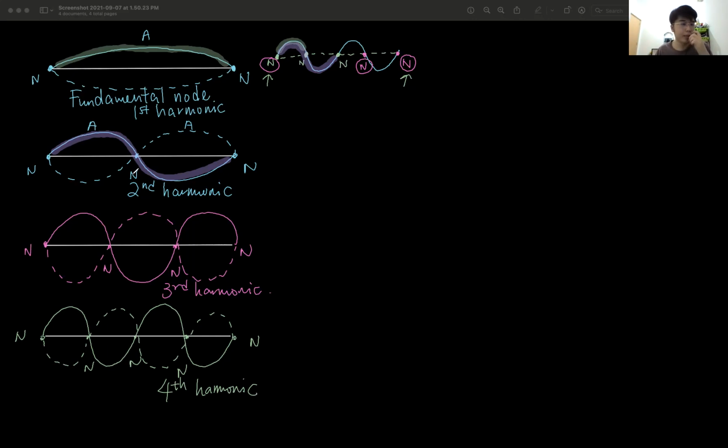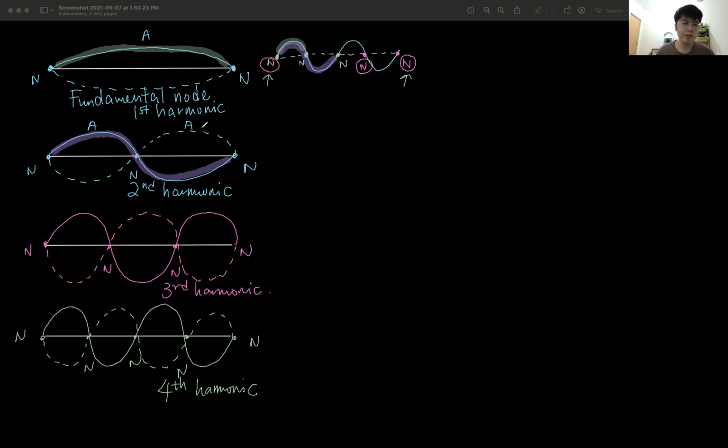But the one that has the greatest amplitude is always the fundamental mode. That means when you pluck a string, the fundamental mode is the one with the greatest amplitude. And on the side, you get the second harmonic, the third harmonic, the fourth harmonic, but that is less significant. But it is there. The most significant is the fundamental mode.